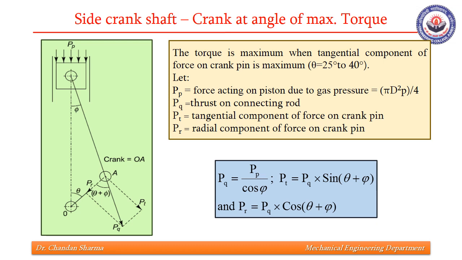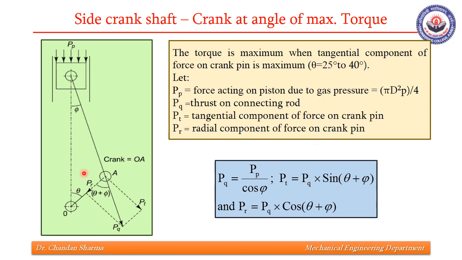Similar to the analysis that we have undertaken for center crankshaft, here also we will be having three forces now: tension force PT, radial force PR, and the resultant PQ. And the condition of maximum torque occurs at an angle theta of 25 degree to 40 degree.